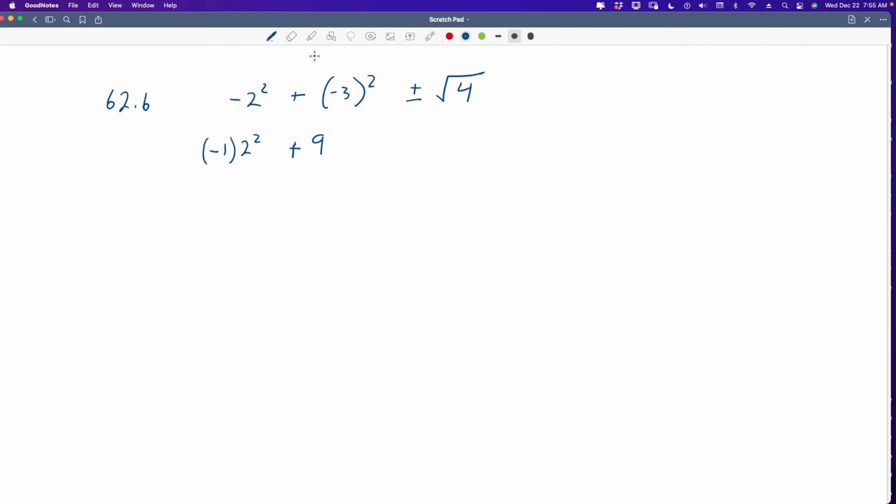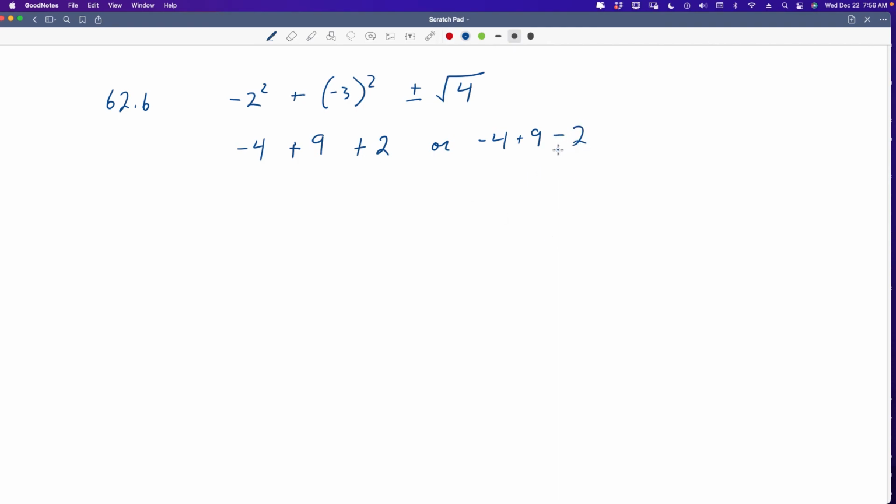So let's go ahead and take care of this one first. So 2 squared is 4, and we want the negative. So -4 plus 9. And the square root of 4 is 2, because 2 times 2 is 4. But it could be plus 2, or it could be -4 plus 9 minus 2.